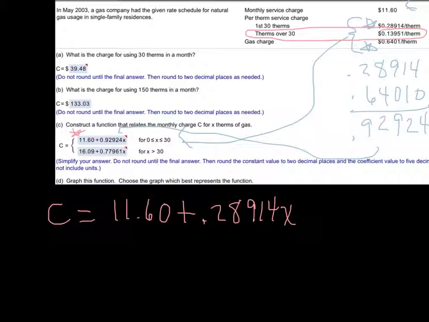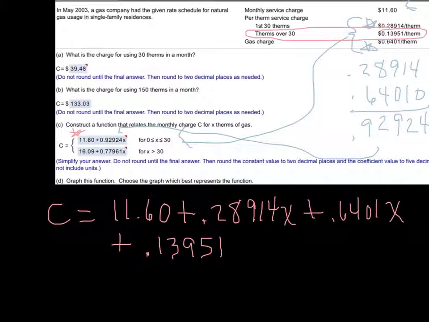And not only are we going to add the gas charge of 0.6401 per therm, so there's 0.6401x, but we also need to add in the charge pertaining to everything over 30. So the cost there is 0.13951. But here is where the magic happens.